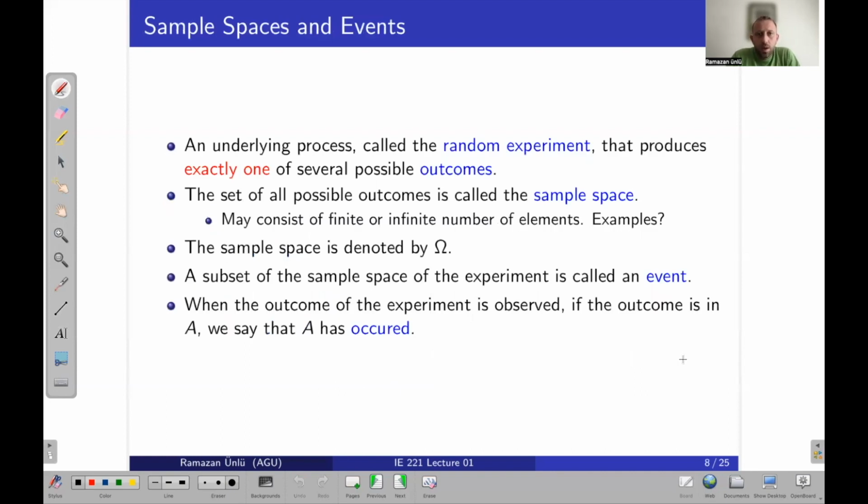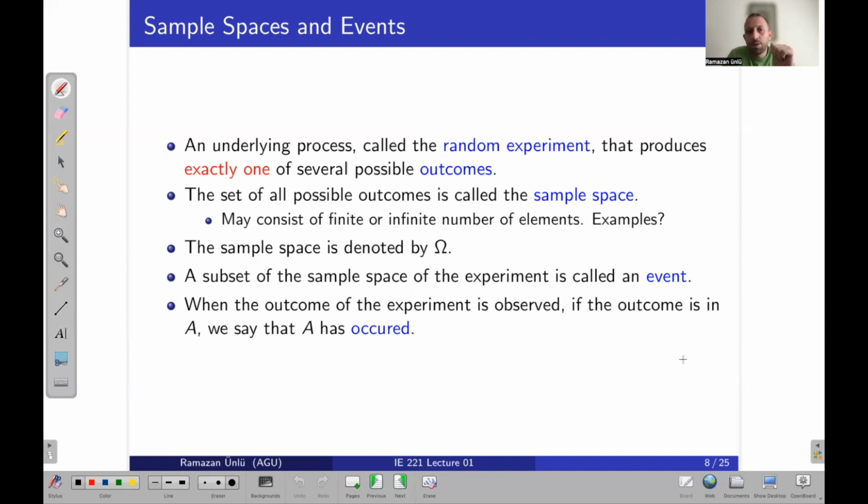If I need to give you more formal information, I can say that an underlying process, called the random experiment, and in our example the underlying process is tossing the coin, right, produces exactly one of several possible outcomes.